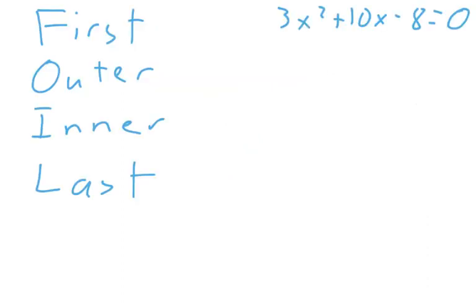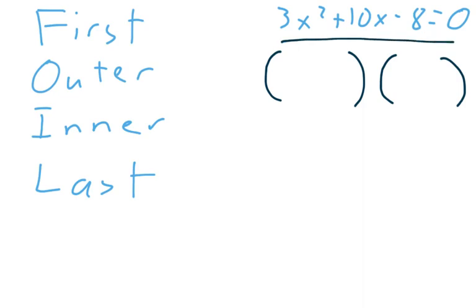So, like I said, when we factor, we're figuring out what we multiplied together to get these answers. And so what they basically do, they figure out what set of parentheses multiplied together gives us this problem right here. And so the way that we get this first term, this 3x squared, is that we multiply the first terms in the parentheses.